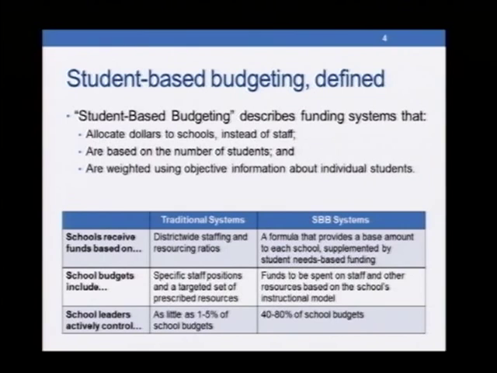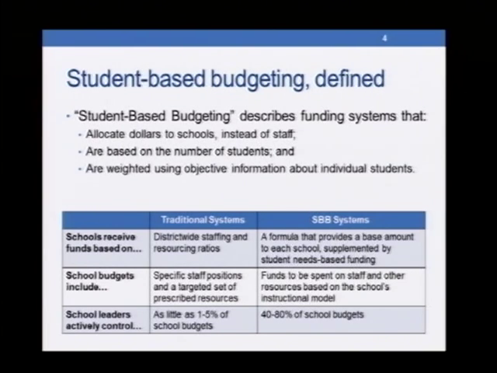How is SBB different from what we typically see? Schools receive funding in a traditional system based on staffing ratios. So every teacher is allocated per 22 students. A guidance counselor can come in every 350 students and so on. So we get district-wide staffing ratios that drive resources and staffing out to all schools. That's the traditional system.